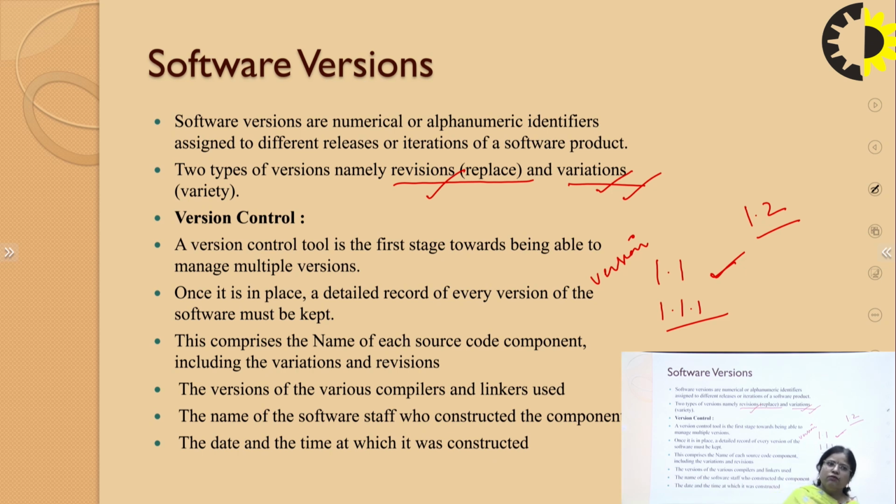The versions of the various compilers and linkers used also need to be saved. The names of the software staff who constructed the components, and the date and time at which they were constructed, also need to be saved. Basically, we can say versions are numerical or alphanumerical identifiers assigned to different releases or iterations of the software product.